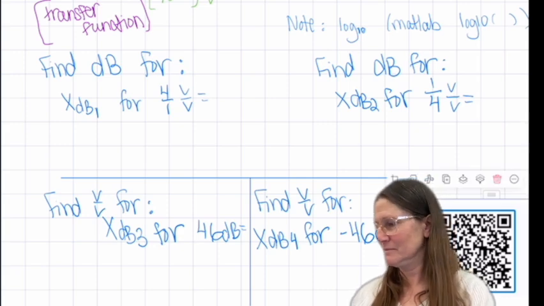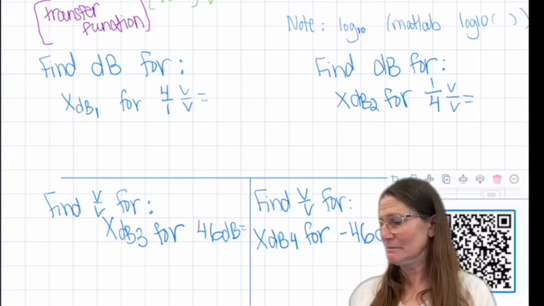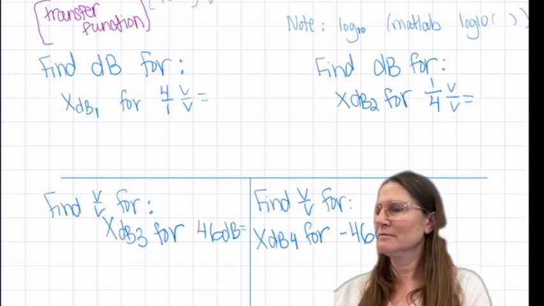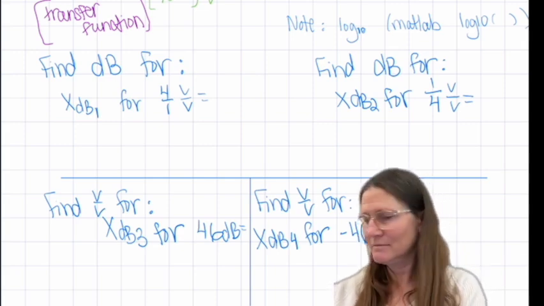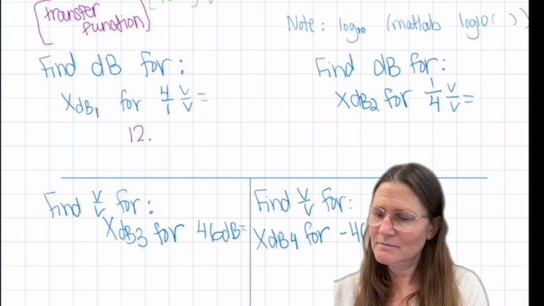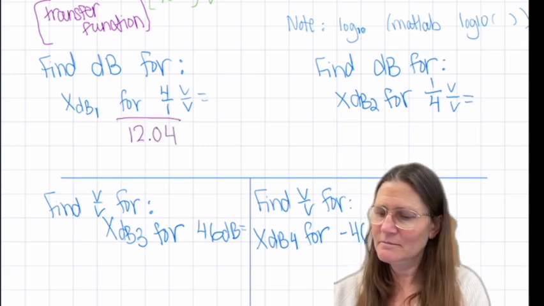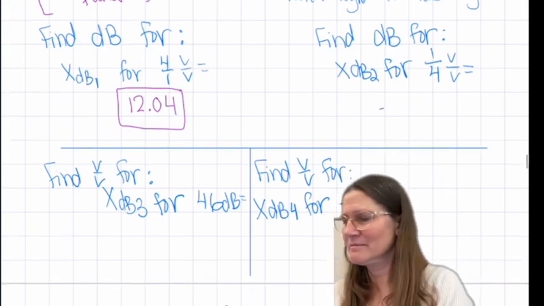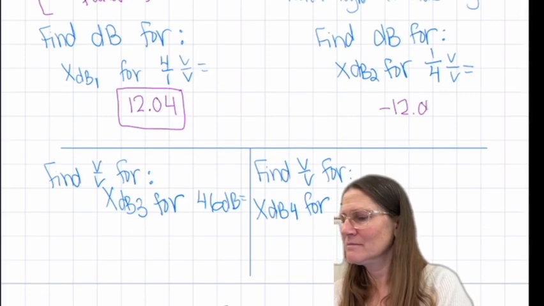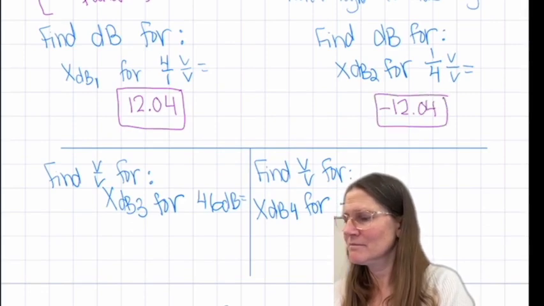Then you divide by 20, so you get 2.3. And then you would do 10 to the power of that.